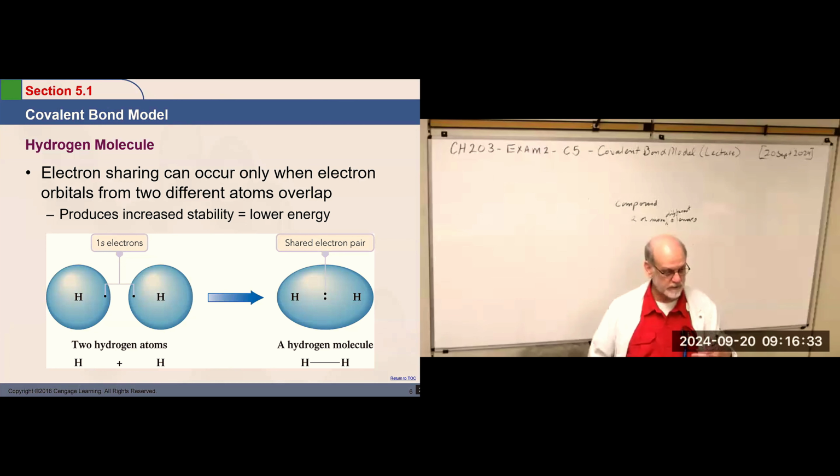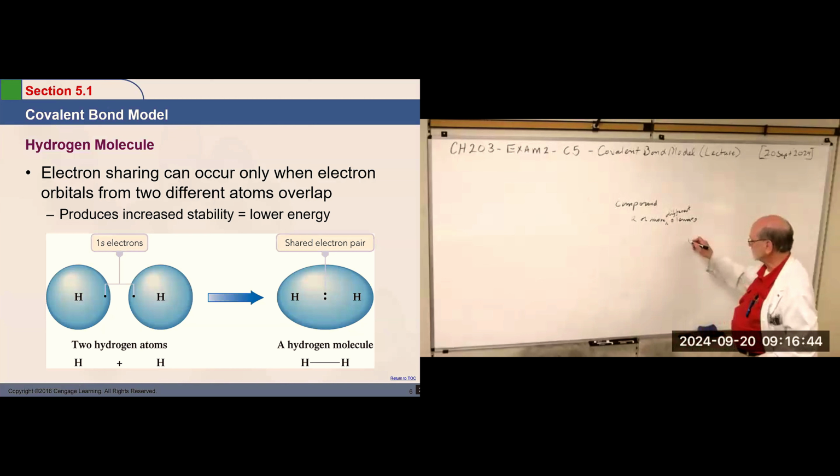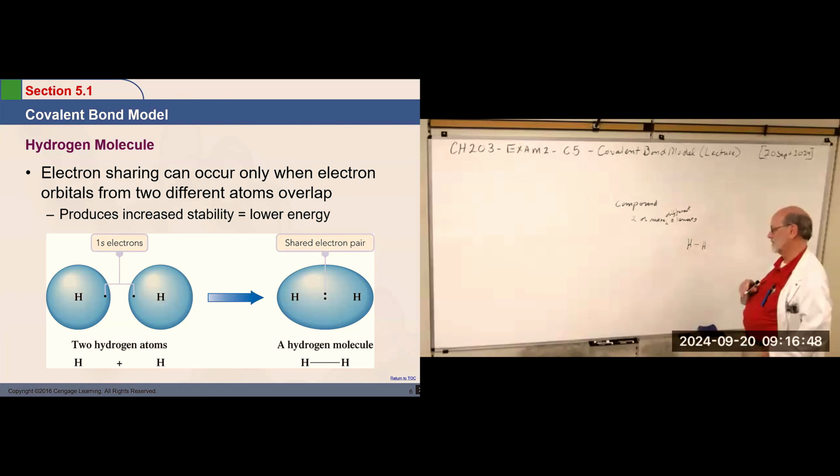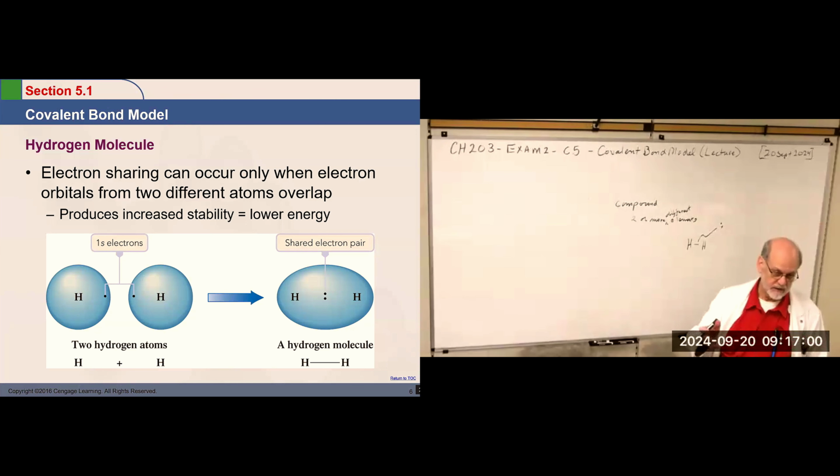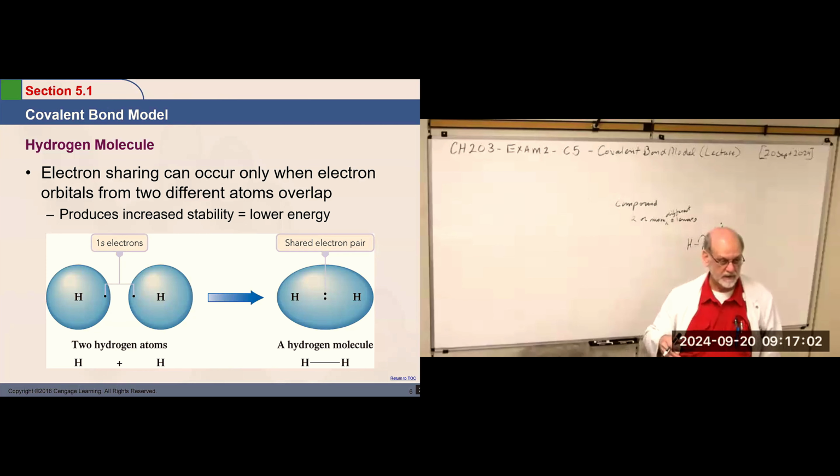And a bond is always formed between two atoms with two electrons. One bond is two electrons. So we may write the H2 molecule like this, and that line represents two electrons. Anytime you have a line between two atoms, it's two electrons.